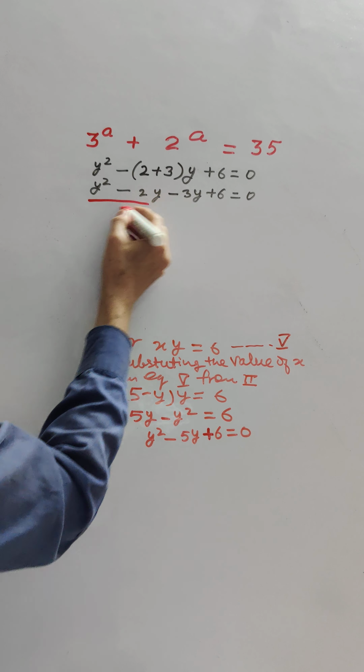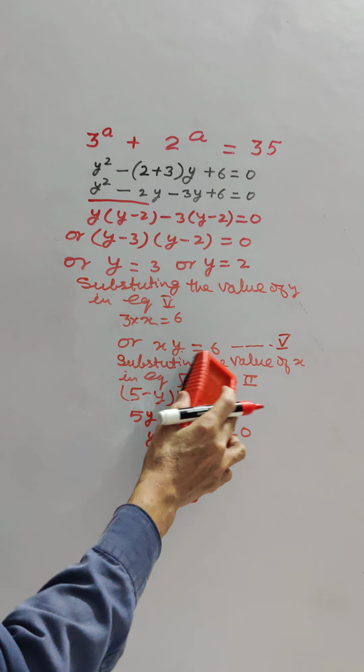X into y is equal to 6. So 3 into x is equal to 6. We are substituting the values of y, 3 and 2 also.